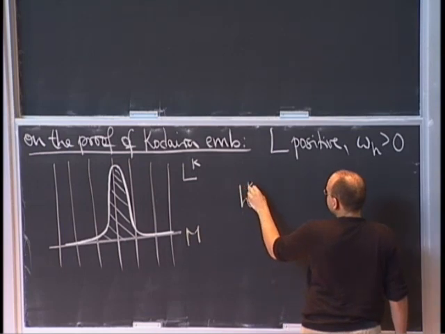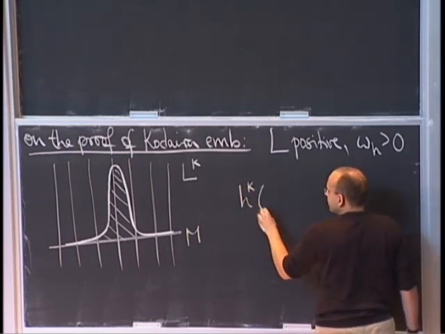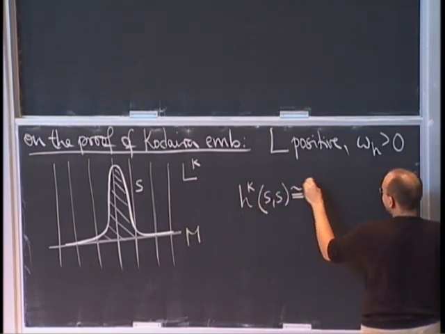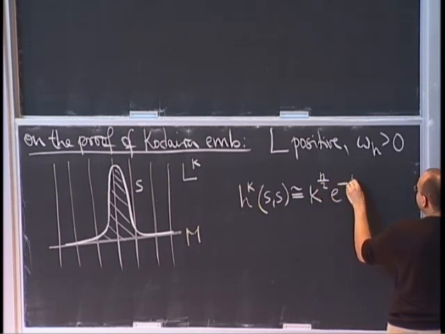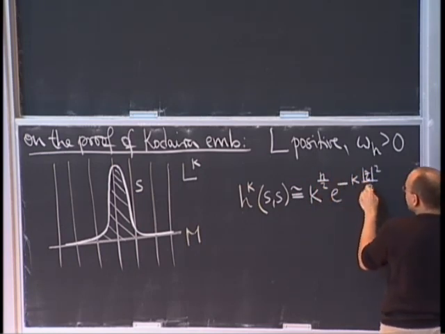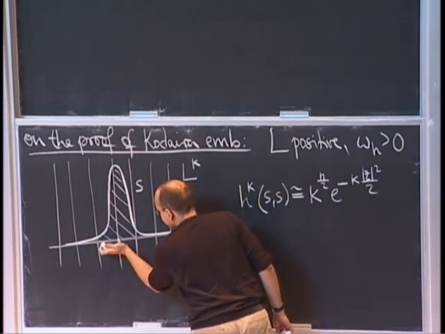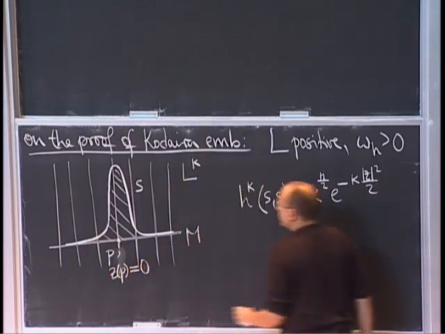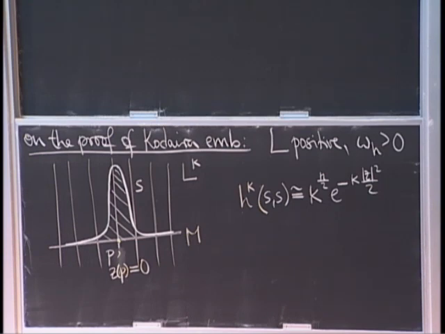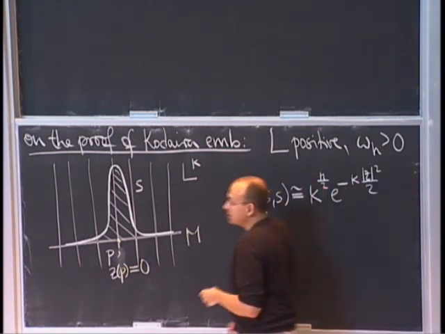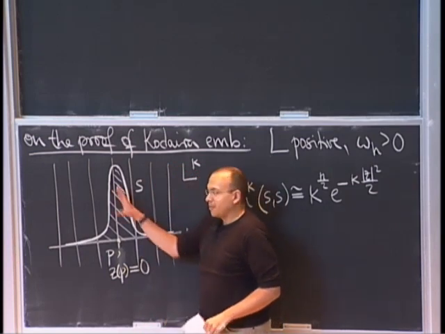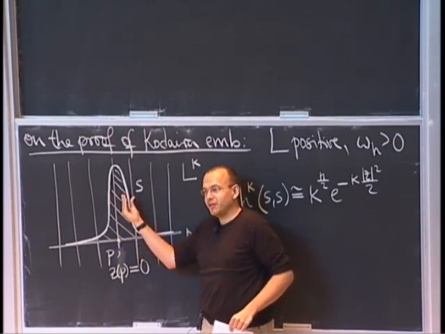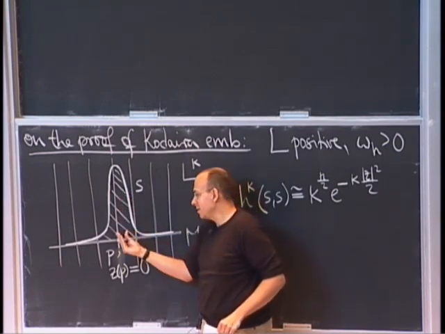If you look at the section S with the kth power of the given Hermitian metric, then h_k(S,S) is going to be something like, roughly, k to the n over 2 times e to the minus k |z|^2 over 2, if this is my base point and my coordinates are centered at that point. So that's the profile of the section, and the higher I raise the power k, the more localized the section gets. So it converges to a delta function as k goes to infinity.